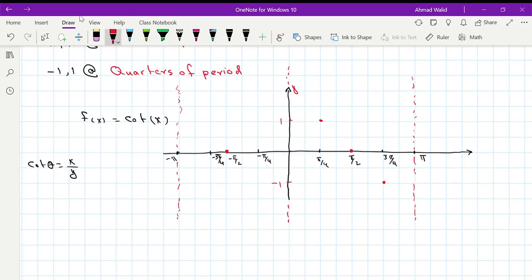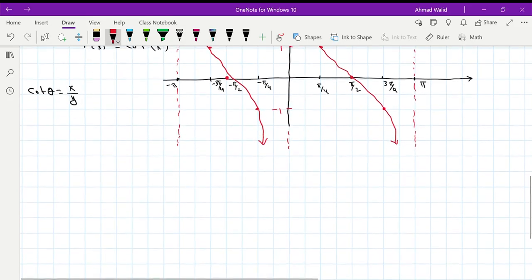It means if you graph, the graph of cotangent is like this. Everything is the same, like you see everything is changed, only the shape flipped. Here in the first quarter, at the first quarter you always get positive 1, here negative 1. Your graph will be like this. Correct?